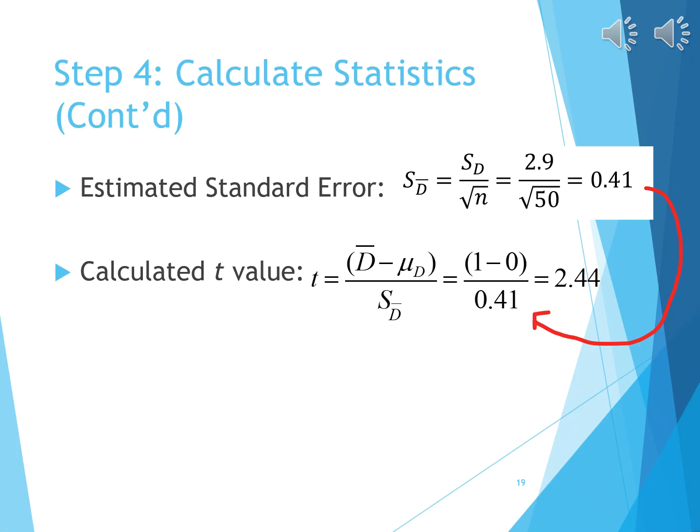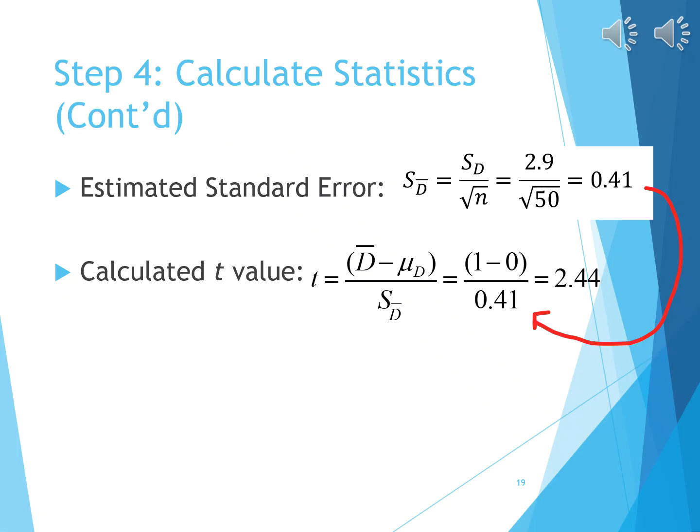And we're going to plug that 0.41 into the denominator of the new calculation. We've seen a variation of this in the one sample t-test, but it's a little different now that we're talking about a paired samples t-test. We have to know, first of all, d bar, which is the mean difference score for the sample, and let's say it's going to be 1.